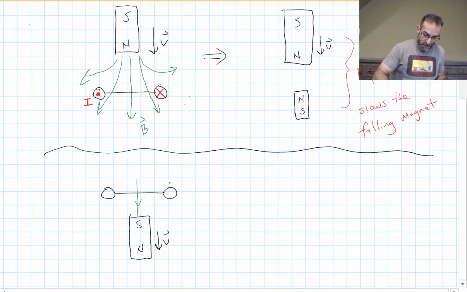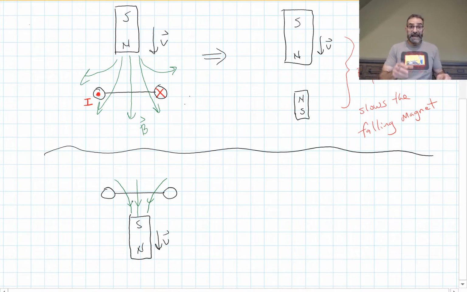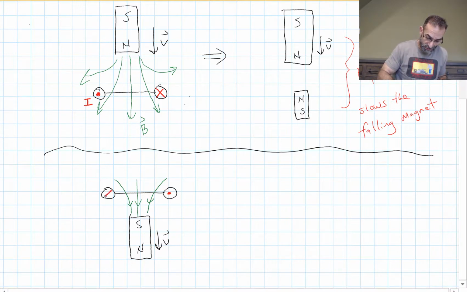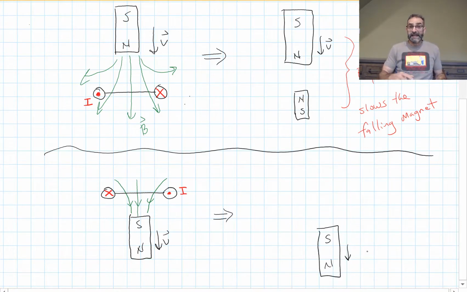What does the magnetic field look like from this magnet? It points toward the South Pole. And as the magnet moves farther and farther away, the field is getting weaker and weaker. So a current is set up in that loop of wire to try to add to the field. That means my falling magnet looks like that, same as it does in the real situation.